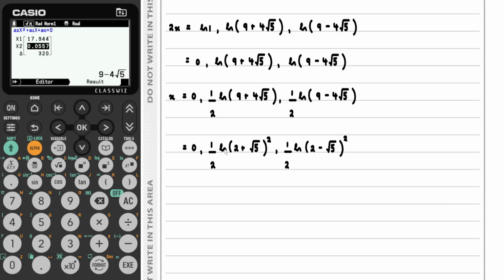And if we use the power law of logs, we would have 2 times by the half, which is 1. So we have the natural log of 2 plus root 5 and the natural log of 2 subtract root 5. So x is equal to 0, the natural log of 2 plus root 5, and the natural log of 2 subtract root 5.